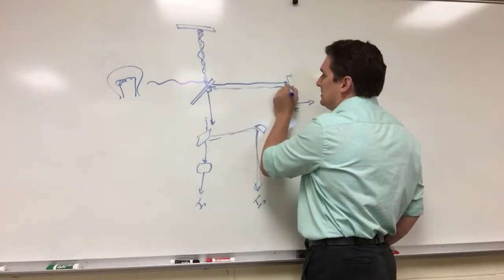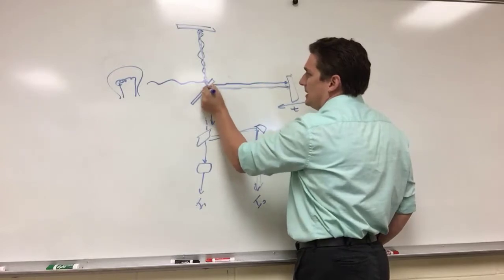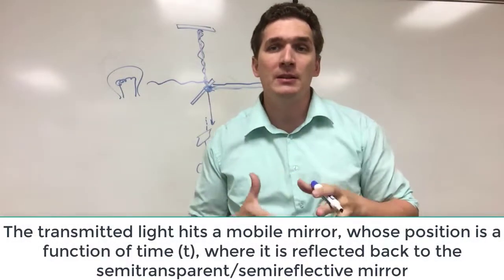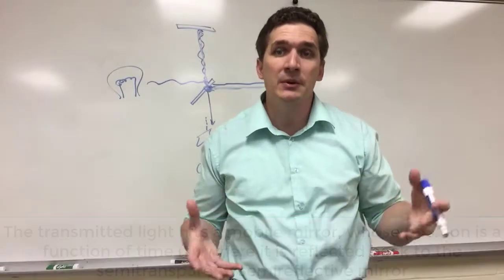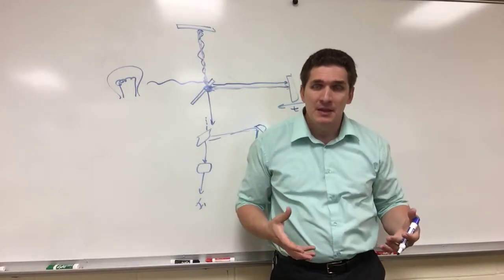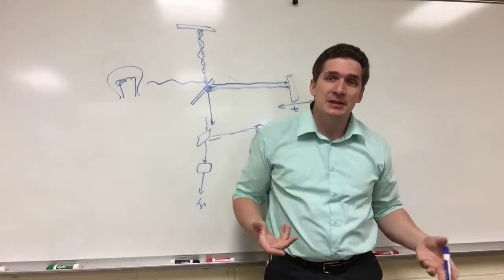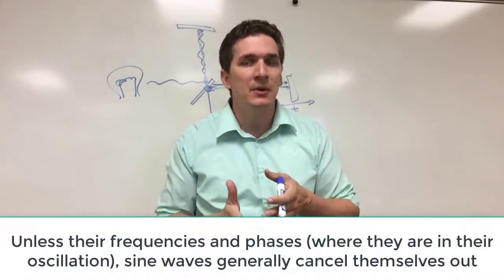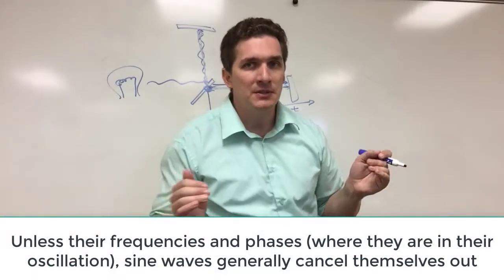This beam's going to hit it, come back, and at this mirror, they're going to recombine. Now, the thing about the light waves, the infrared rays, is that they have their own frequencies and their own phase angles. The nice thing about sine waves is unless their frequencies are super close and their phase angles are just about right, you're going to get destructive interference.